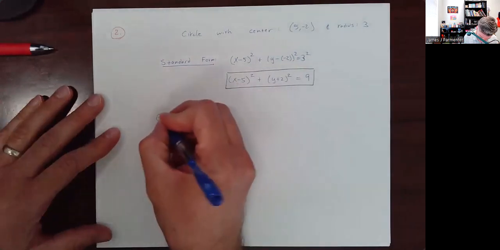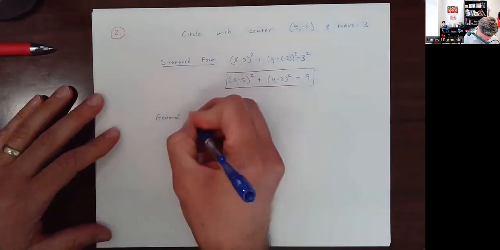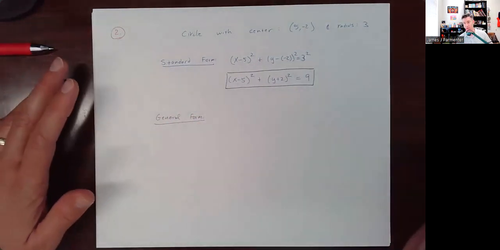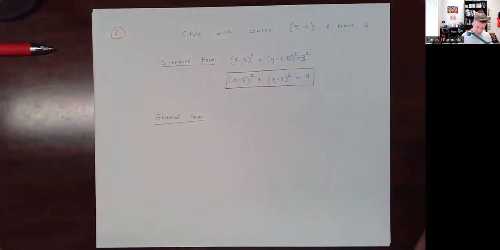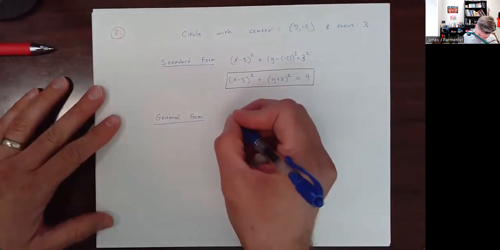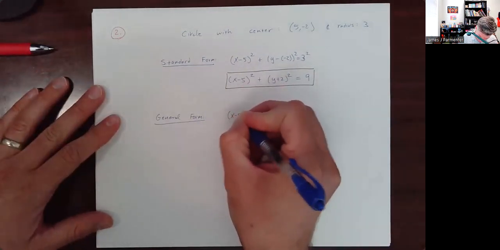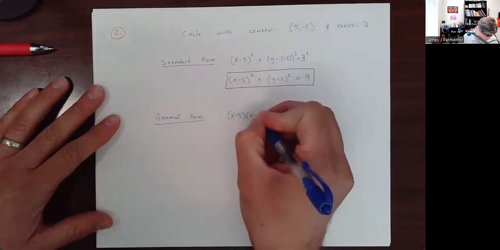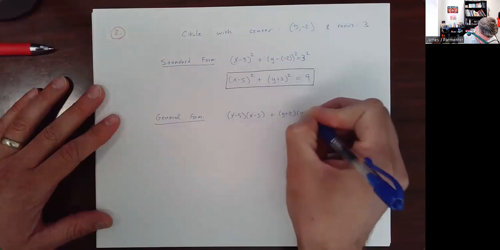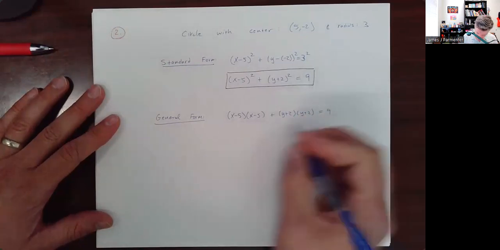So to get to the general form, again, knowing these words isn't super important, but we do distinguish between general and standard. So these are the names. I'm actually going to multiply this out. (x minus 5) squared is really (x minus 5) times (x minus 5). And (y plus 2) squared is (y plus 2) times (y plus 2). So then I'm going to FOIL.